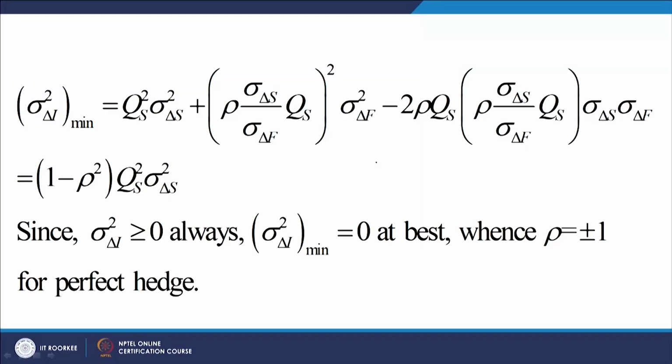This is a continuation of the derivation of the minimum variance hedge ratio. From the minimum variance hedge ratio, what did I get? I got that QF is equal to hedge ratio into QS, and hedge ratio is nothing but beta, and beta can be written as rho sigma s upon sigma f.